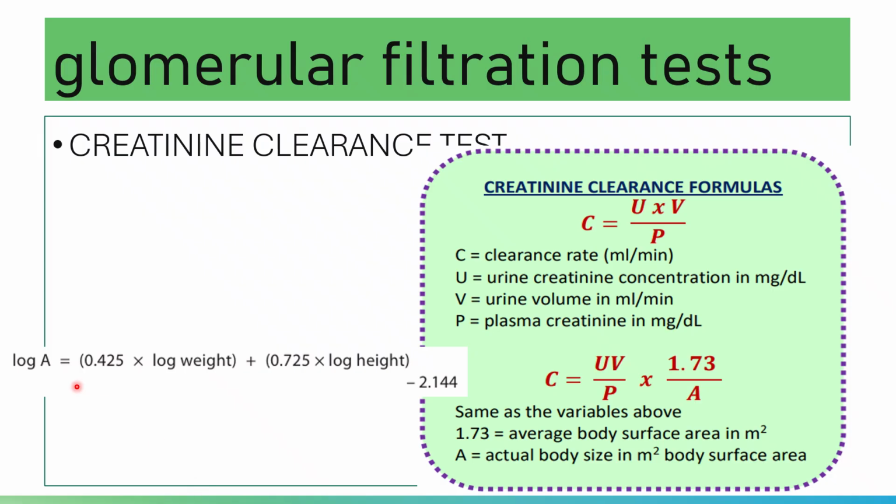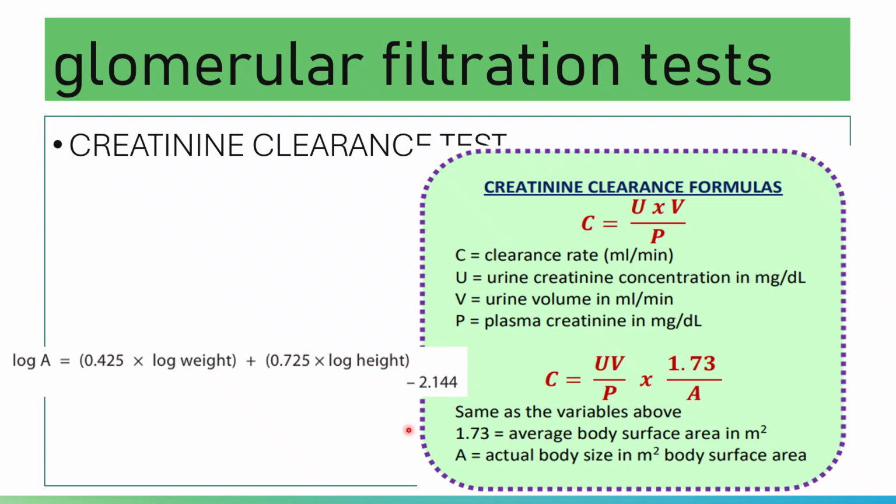But let's take a look at this formula. You use your scientific calculator in doing this. Take 0.425 times log weight, where the weight should be in kilograms, and the height should be in centimeters.